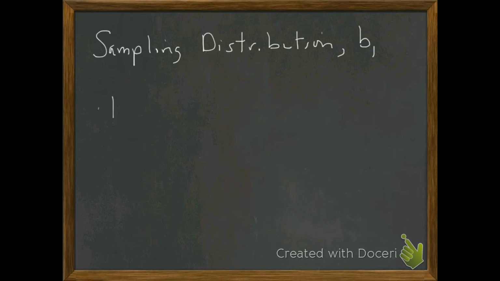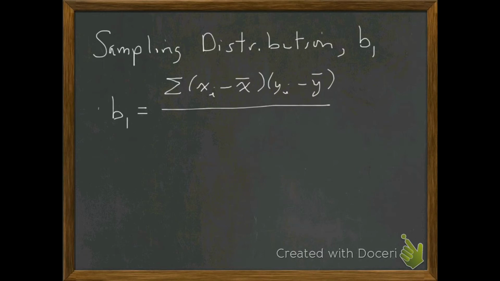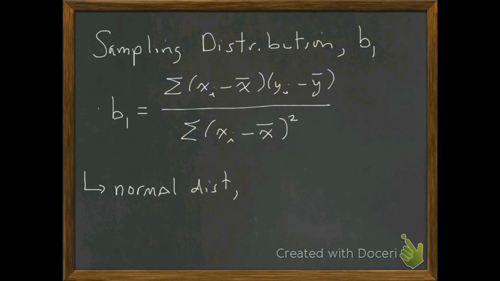Well, previously we know that B1 can be found by taking the sum of x sub i minus x bar, y sub i minus y bar, divided by the sum of x sub i minus x bar quantity squared. And these things come from a normal distribution.